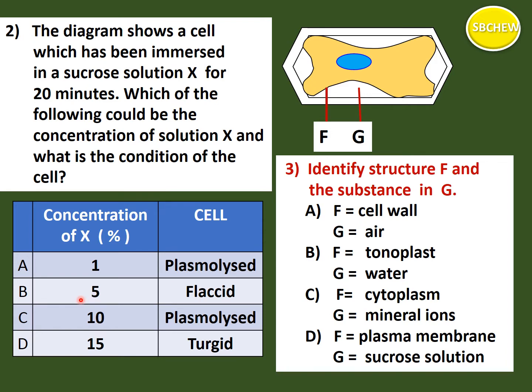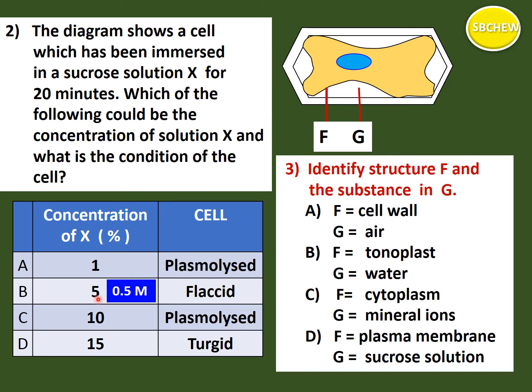The textbook gives the value in mole or molar. Molar means moles per 1000 ml of distilled water. So 0.5 M. These two values must be memorized because it is the isotonic solution when compared to the cell sap of plant cells.